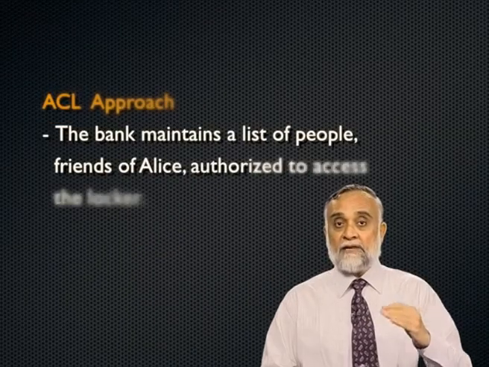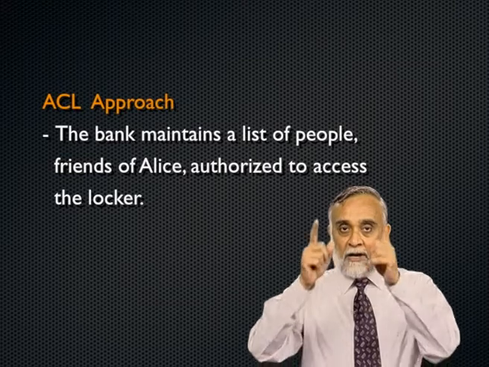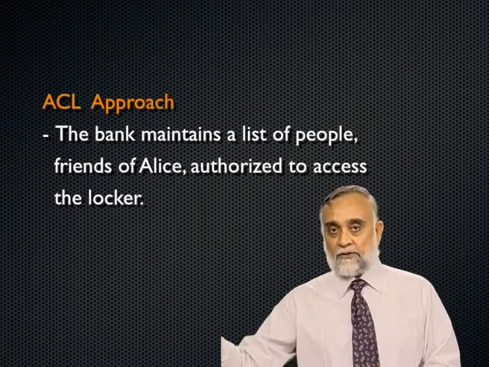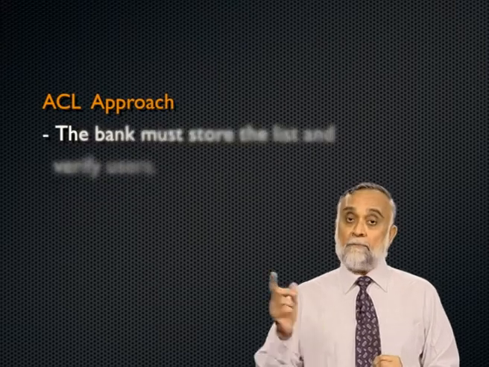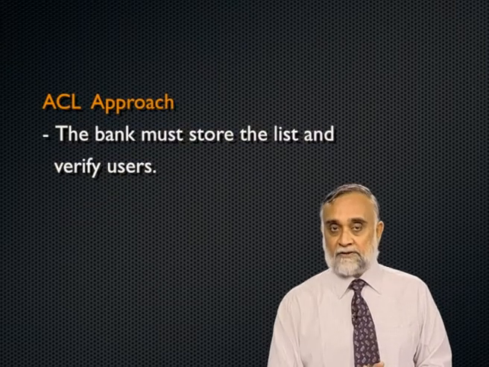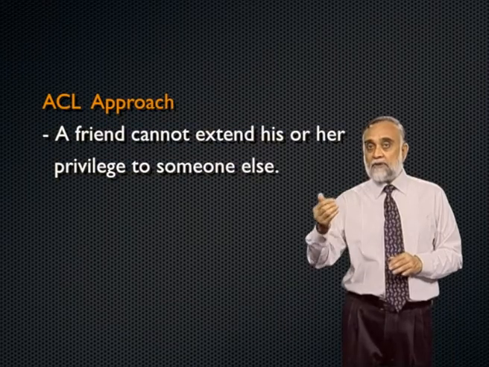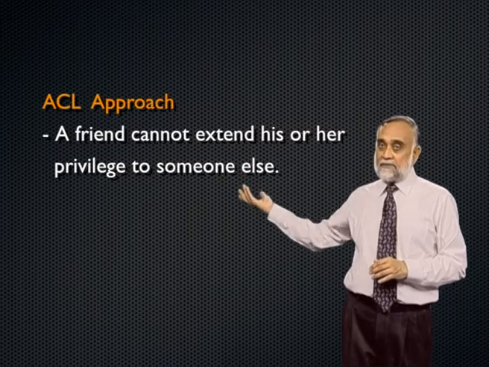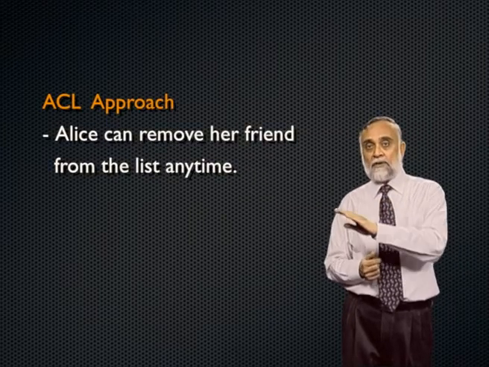The first way is the ACL approach. The bank maintains a list of people who are friends of Alice, authorized to access the locker, and the bank must store the list and verify the users. A friend cannot extend his or her privilege to someone else. Alice can remove her friend from the list anytime.